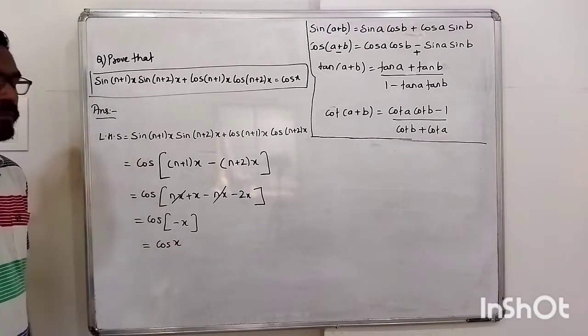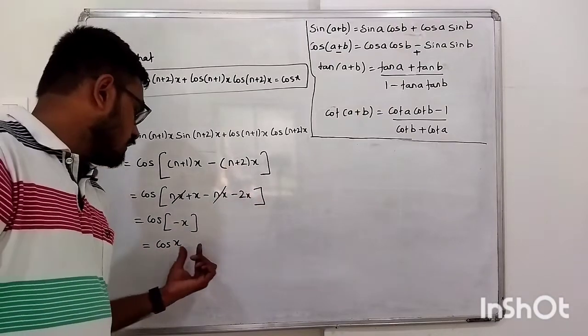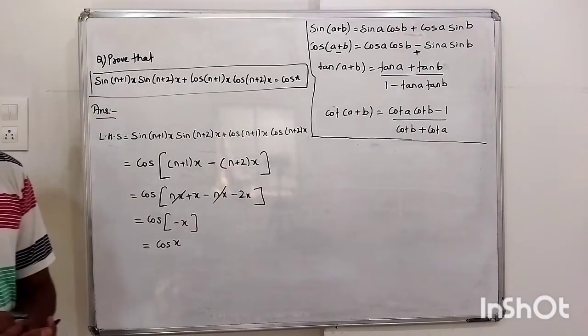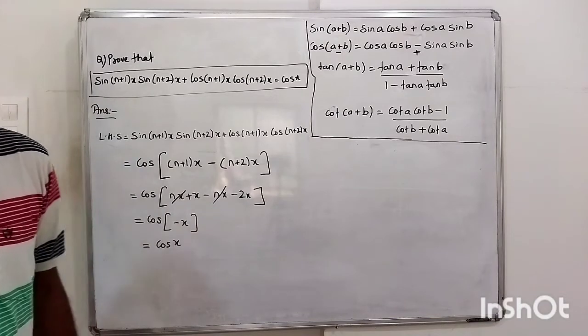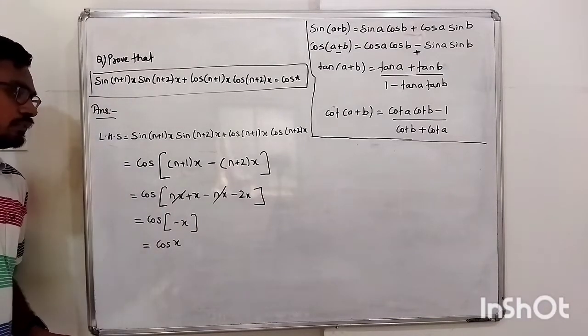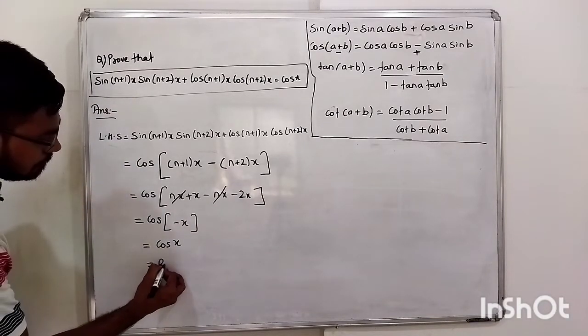For cos and sec, the minus sign disappears, and for sine, tan, cot and cosec, the minus sign comes out. So this is the same as RHS.